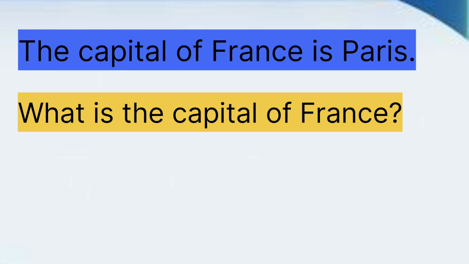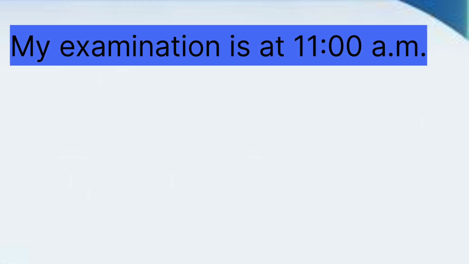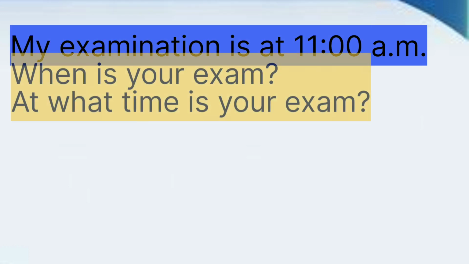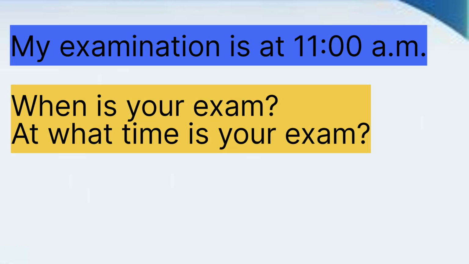Next example. My examination is at 11 a.m. The underlined part is 11 a.m. So it is all about time. When is the WH word used to indicate time? When is your exam? Or it can also be, at what time is your exam?